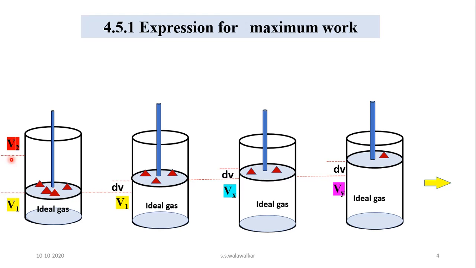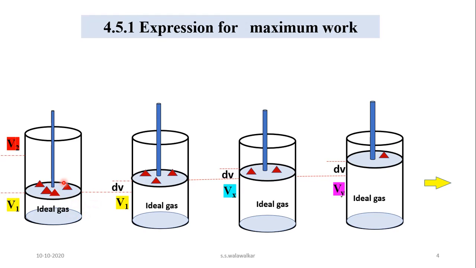This change we have to carry out in a number of steps, because to obtain maximum work the gas expands isothermally and reversibly. If this change from initial volume to final volume V2 is carried out in a number of steps, then how work is done and how the volume changes, that we will see.